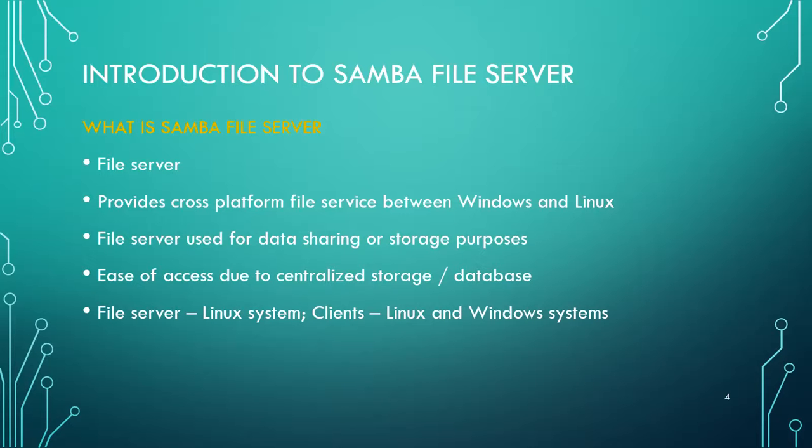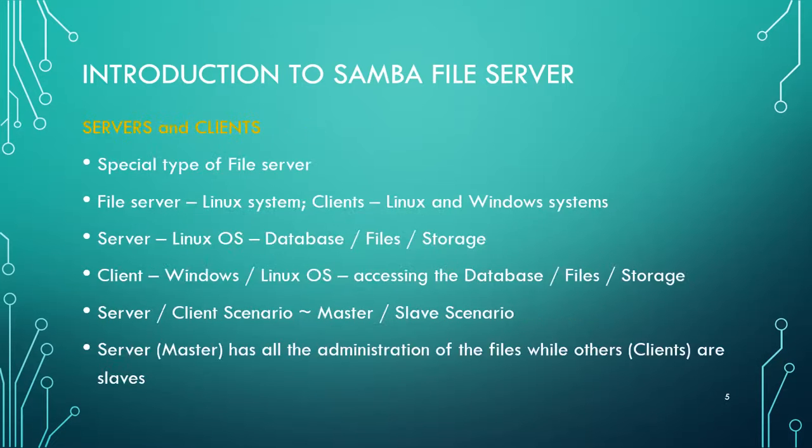File servers are mainly used for data sharing or storage purposes, and because of this it becomes easy to access data because it has a centralized storage system. When we implement SAMBA file server, the server should always be a Linux system, while the client can be Linux as well as a Windows system.